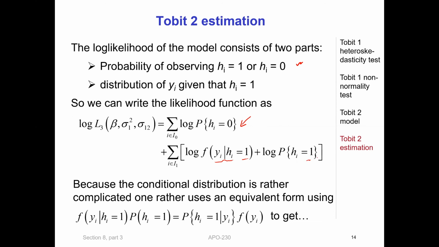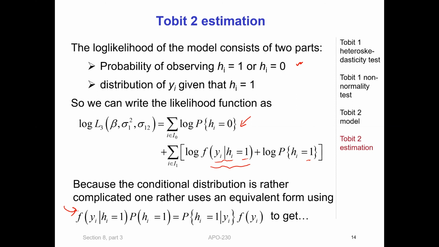All right. However, what is different here? The different thing here is now we see the yi and the hi implicitly in the background explained by different sets of explanatory variables, right? x1i and x2i over there. Because of this, it's rather complicated to derive this conditional density of yi contingent on hi equals 1. We use the Bayes rule to arrive at this.